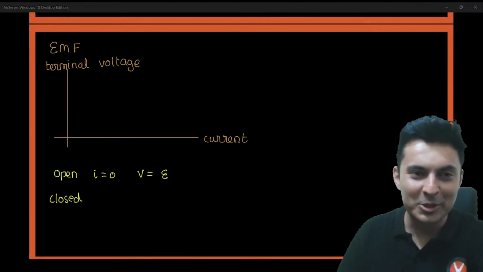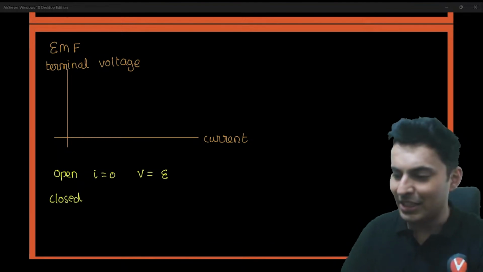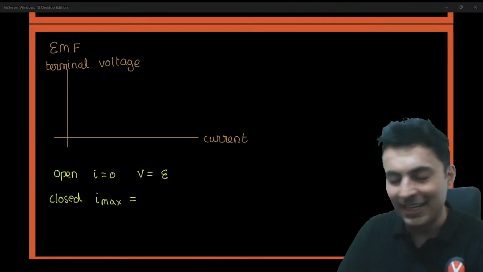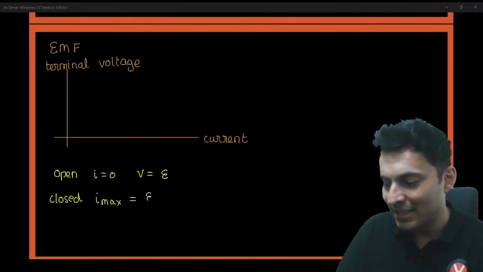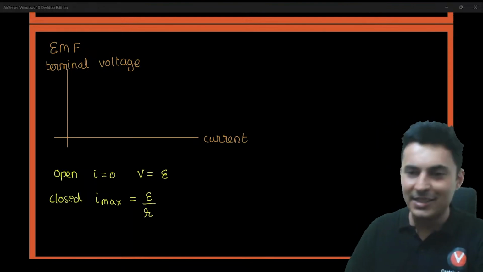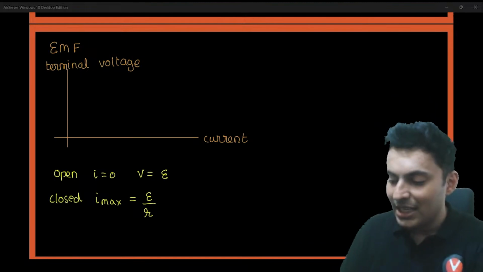Think about it. The current will be maximum. In fact, that current will be just the EMF by R. That will be the maximum current that you will get.